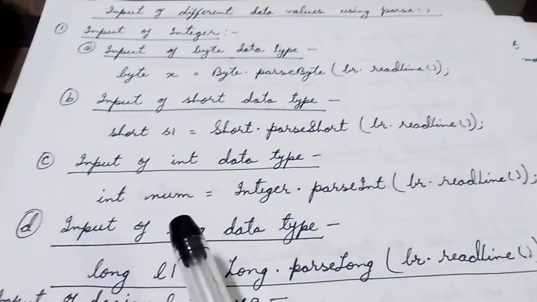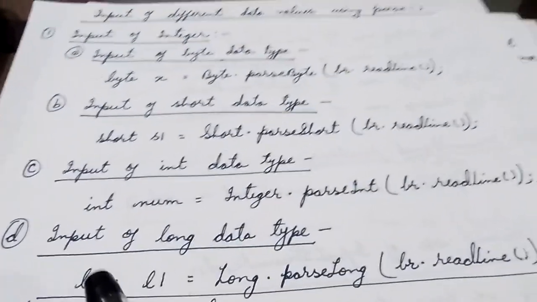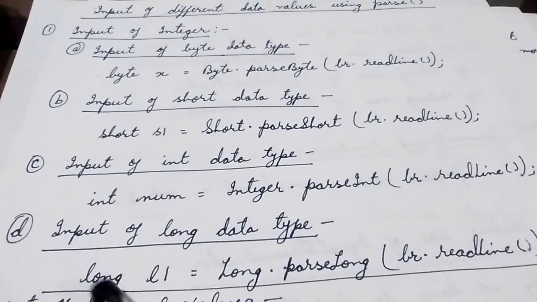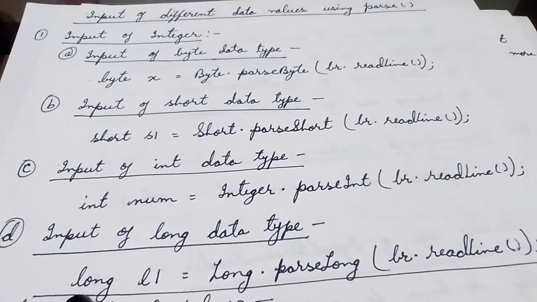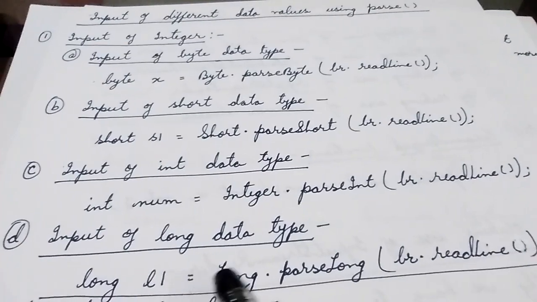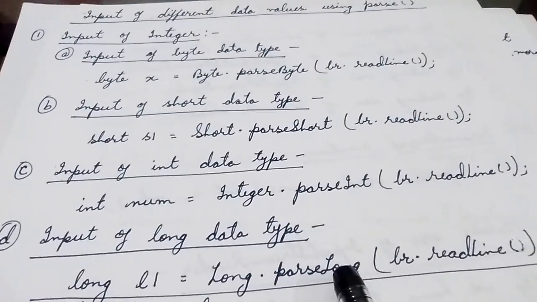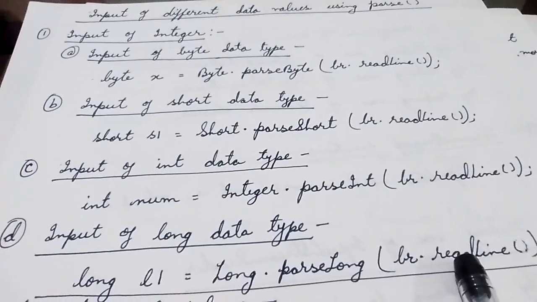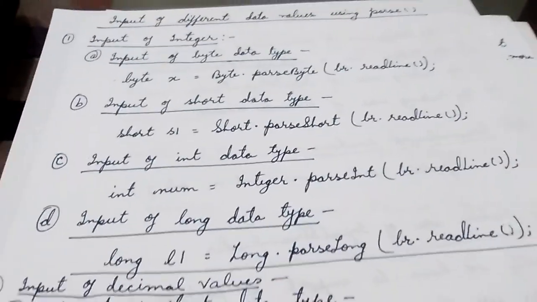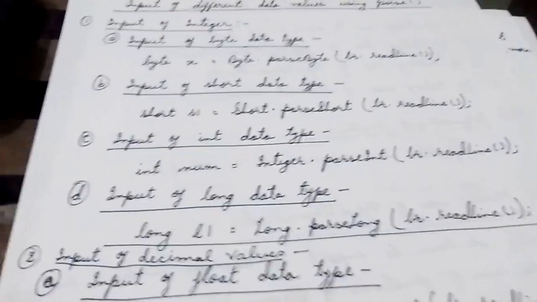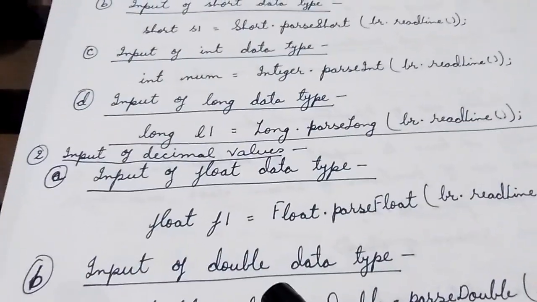Similarly, if it is of long data type, then long l1, this is in small letter as these are all my primitive data types, equals Long, that is a wrapper class, dot parseLong(br.readLine()). If we further proceed to decimal values, we have float and double.